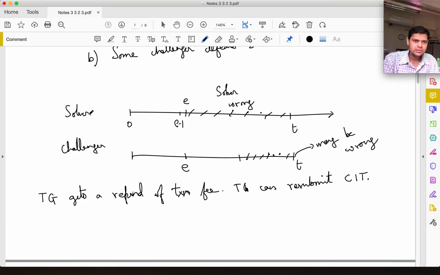So in this case the solver has lost, and if the solver has correctly executed this whole thing, then we can show that this will never happen to him.